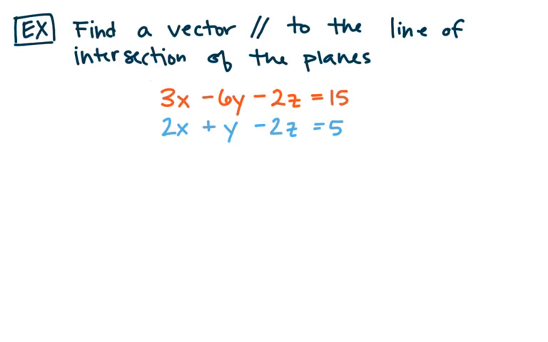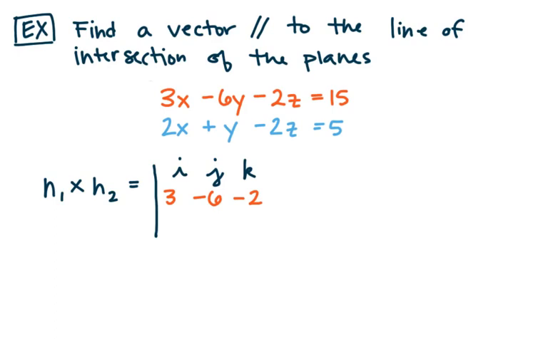So n sub 1 cross n sub 2 is going to equal the determinant of this matrix, i, j, k. For n sub 1, we've got 3, negative 6, negative 2, and for n sub 2, I have 2, 1, negative 2.